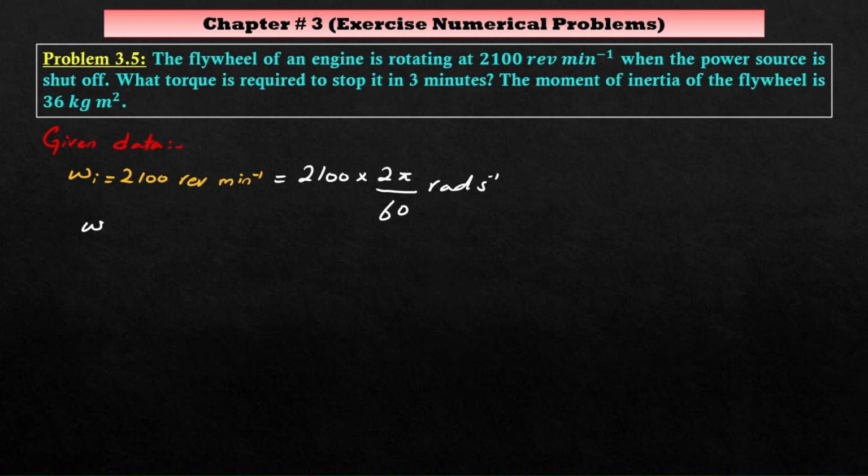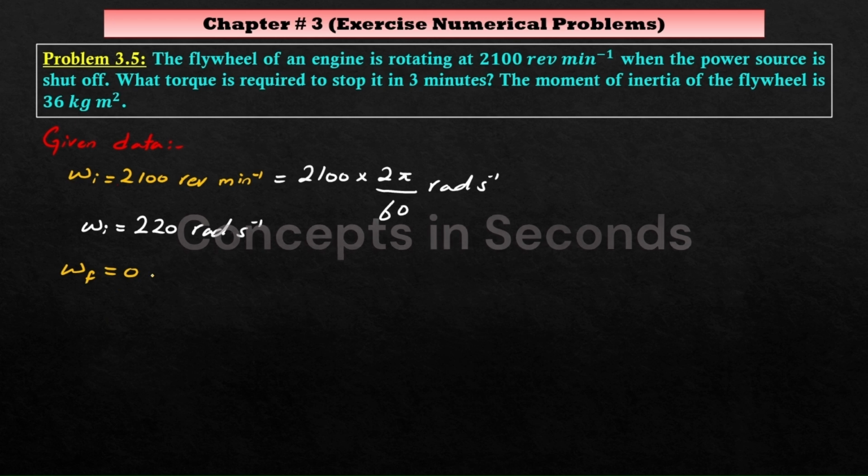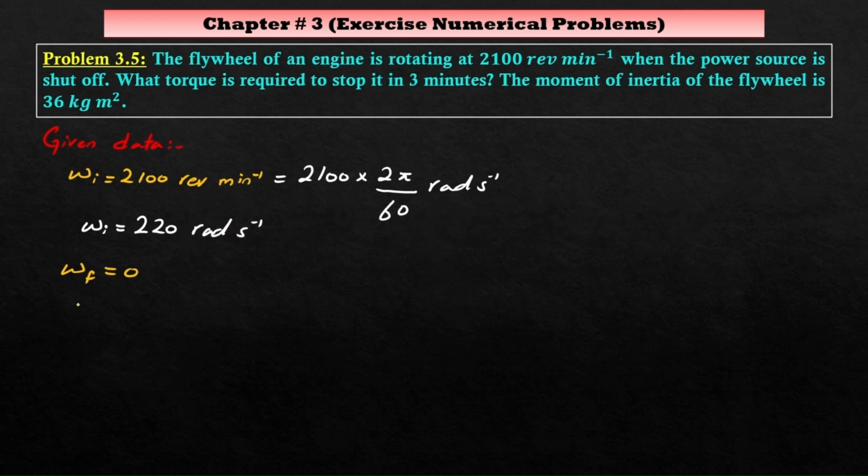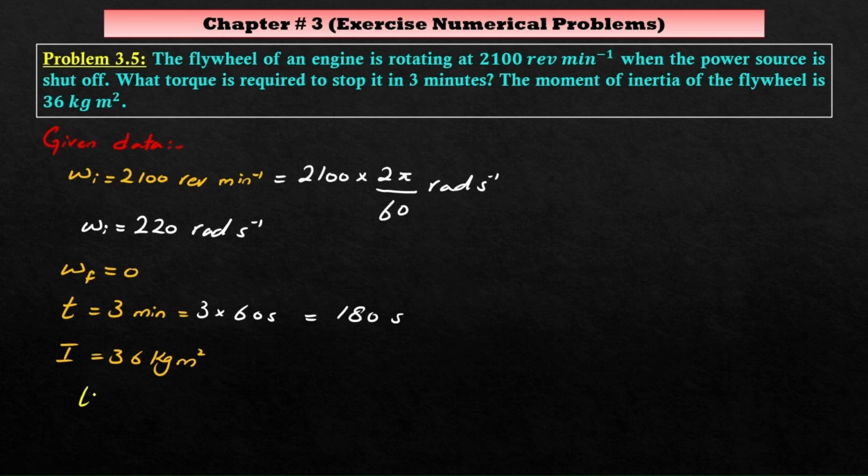So omega i is equal to 220 radian per second. Further, it is given that the power is shut off, so omega f is equal to 0 and t is equal to 3 minutes, which is converted into seconds, and it is equal to 180 seconds. The moment of inertia of the flywheel is 36 kilogram meter square. We have to find the torque.